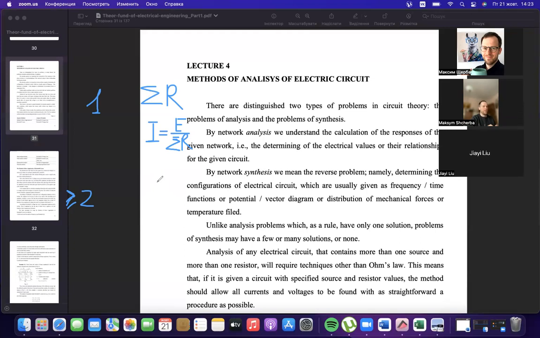That means that mathematically we will have a couple of values, and that means that we should use some other approach.